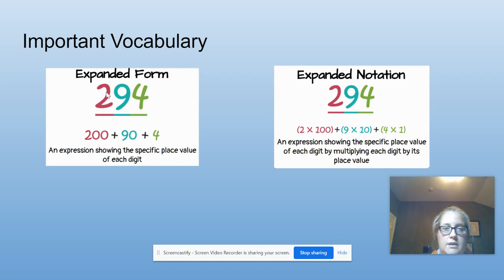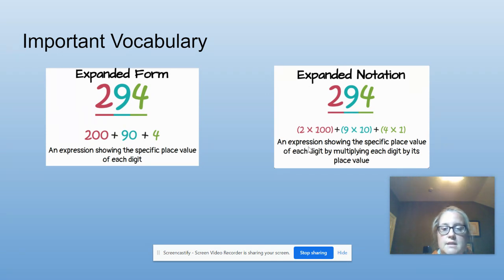So if I counted by 100, 100, 200, now I have my value right here of 200. Plus 9 tens. Well, if I counted by 10, 9 times, 10, 20, 30, 40, 50, 60, 70, 80, 90. There's my 90. Plus 4. So if I counted by 1, 4 times, 1, 2, 3, 4. There's my 4.